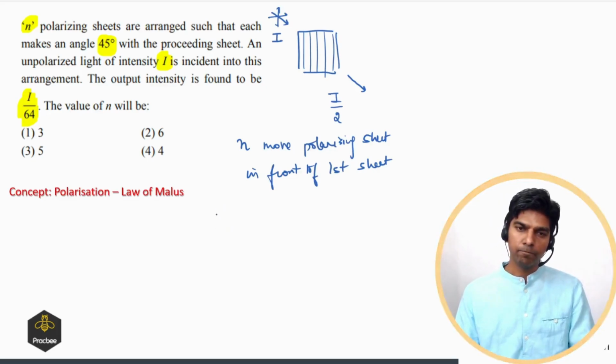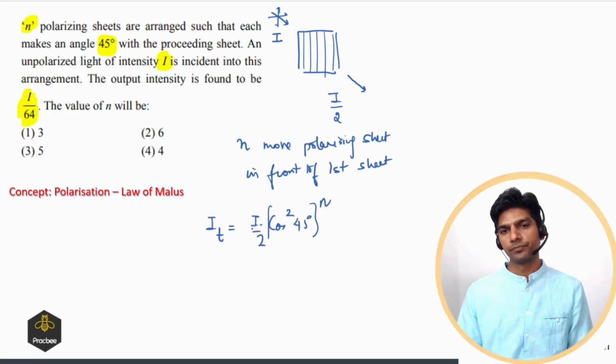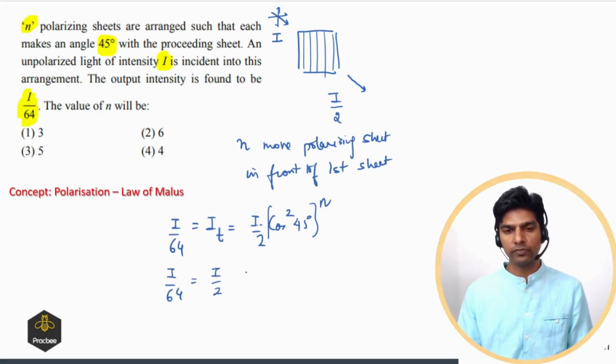So we can say the transmitted intensity will be I by 2 cos square 45 raised to power n, right? And the transmitted intensity is given as I by 64. So I by 64 is equal to I by 2, and cos square 45 is 1 by 2, so 1 by 2 raised to power n.